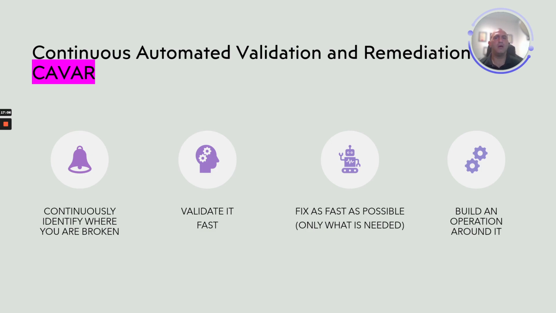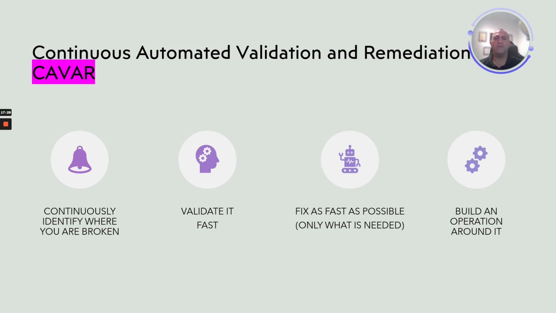This is how I believe it can be done, using continuous automated validation and remediation, CAVAR for short. So continuously identify where you are broken. It can be done by many tools and capabilities, of course, automatically.